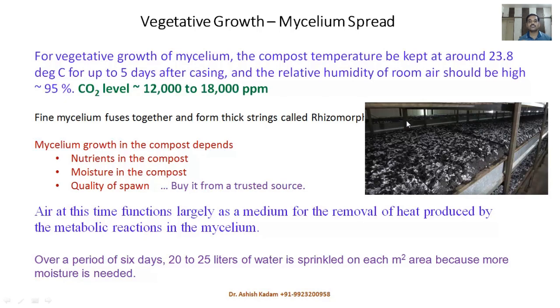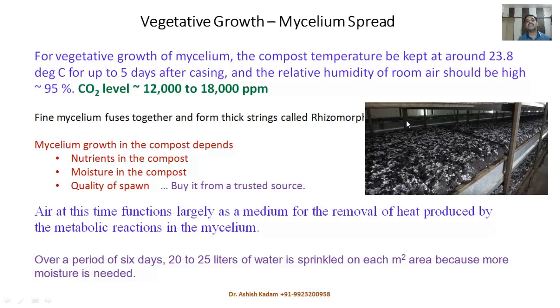We have put the software, the program, into that microcontroller or PLC, which is reading the temperature values of the compost, seeing the temperature of the air, the CO2 level and relative humidity of the air, and accordingly taking control of the air handling unit.